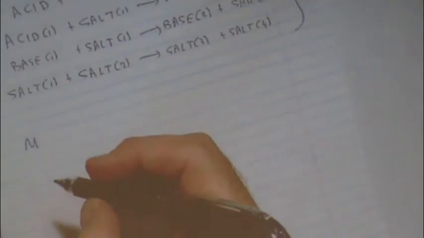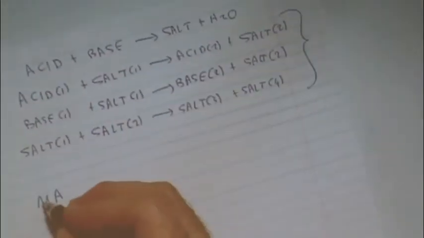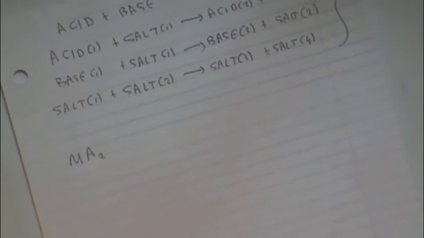So let's say that I give you this kind of reaction. I have a salt, some metal from the periodic table. Here is some anion. And I have one metal and two anions. That's a salt. You can imagine, like zinc chloride, something like that, right?